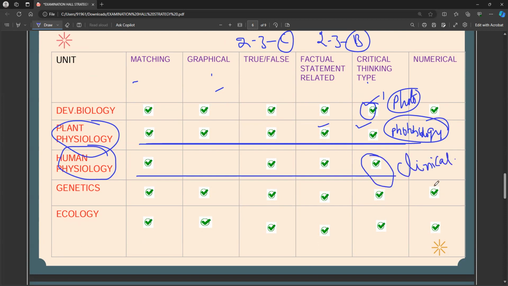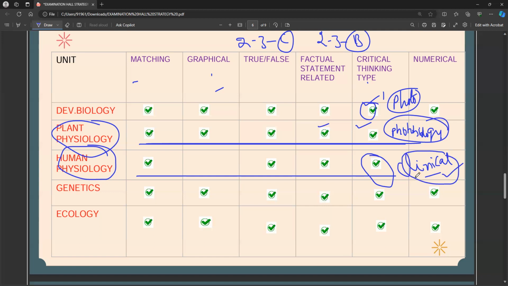A person is admitted with specific symptoms, and the doctor gave a specific drug. What is the reason why the doctor gave that specific drug only? This is what a clinical study is. There is a specific symptom, and based on the symptom, we give a specific drug. So it's purely a clinical study.